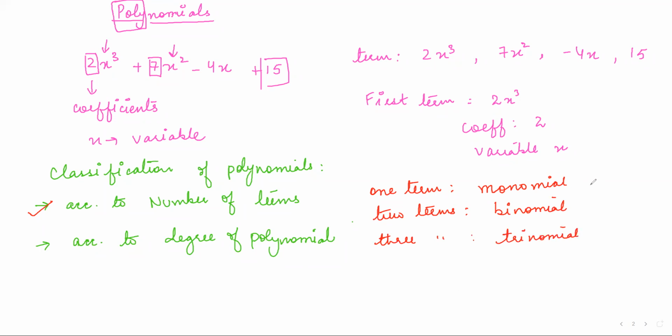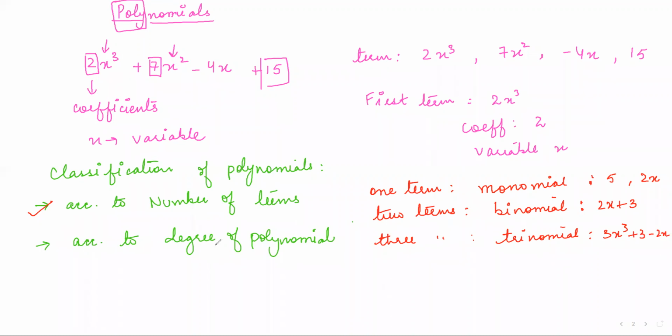An example of a monomial can be a simple 5, a constant term, or 2x. Then a binomial will have two terms, like 2x plus 3. A trinomial will have three terms, like 3x cube plus 3 minus 2x. This is a trinomial. Understood?